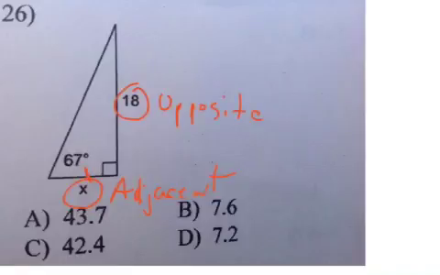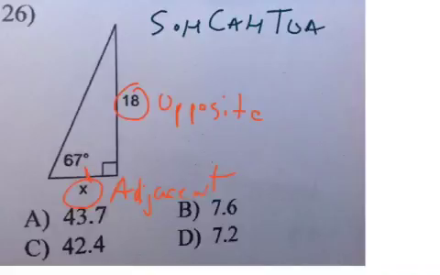So going back to SOHCAHTOA, notice we need a function that uses opposite and adjacent. What uses O and A? Well, hopefully you agree it's tangent. Our friend tangent is always opposite over the adjacent.